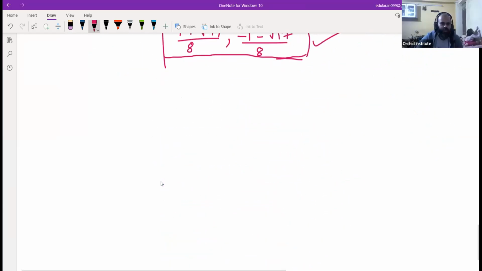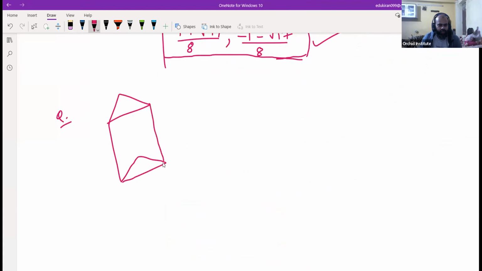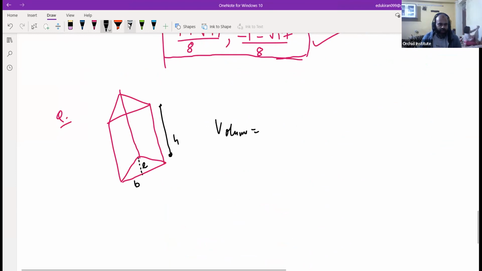You actually have to do a comparison here. If you see this triangular box, it is like this, with this as the height L, this as the base B, and this as the height H. For the volume, you take the base area, that is this triangular area.